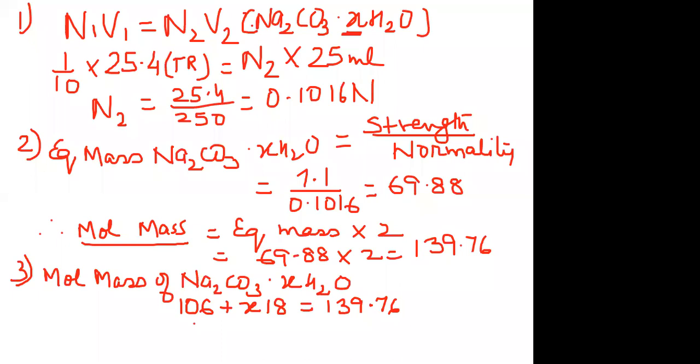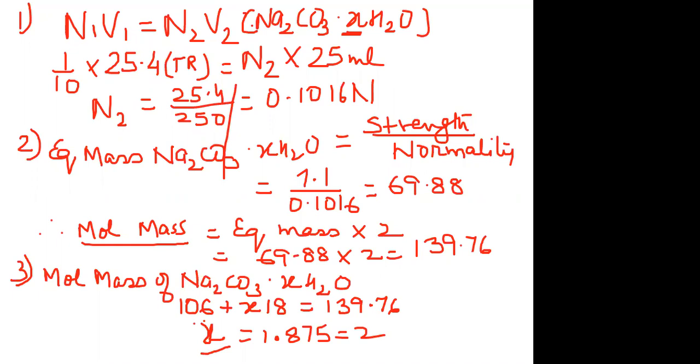From this, the value of X, if I calculate, turns out to be 1.875, which is equal to 2. So the value of X is 2, which means that there are 2 molecules of water of crystallization in the formula of the compound sodium carbonate.